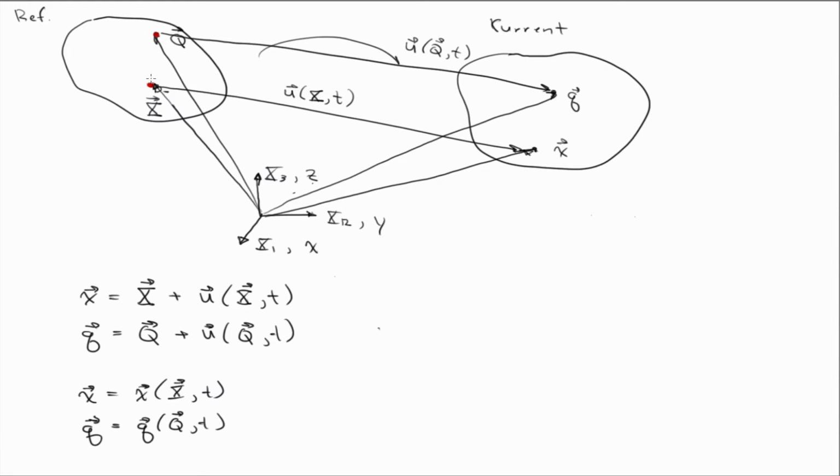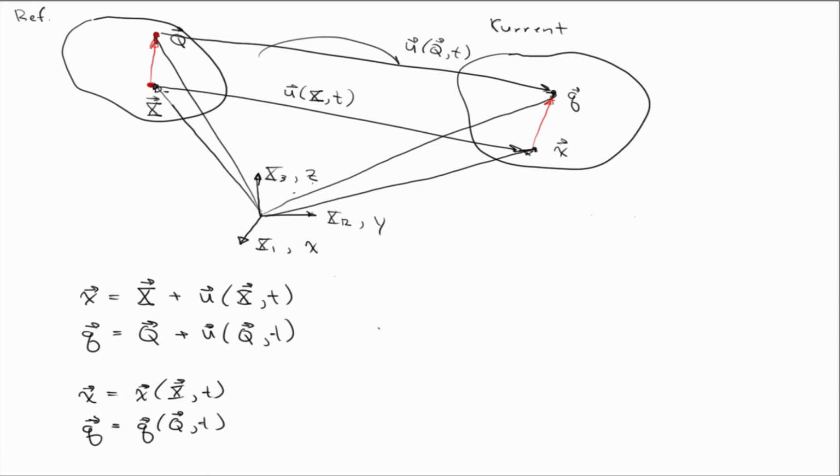And there is a relative vector between these. Q minus x is that vector there, right? And then we're going to track those points through time as our body's deforming, so that in the current configuration we have little x and little q, and they also have a relative vector between them, right?